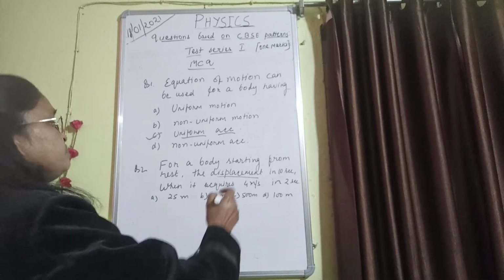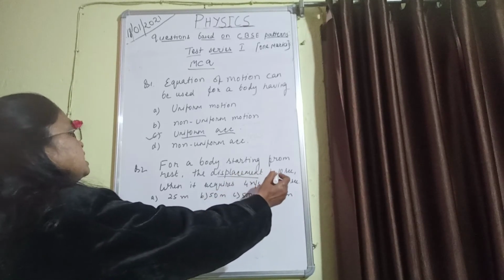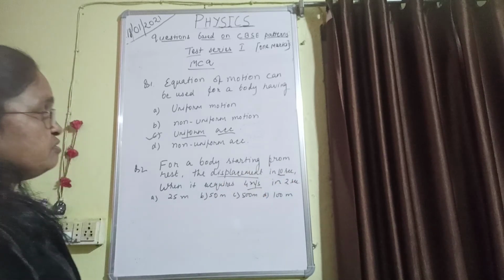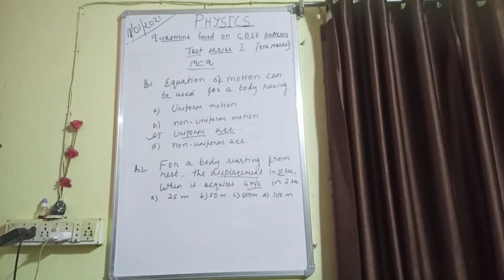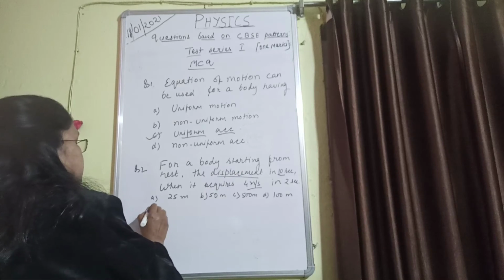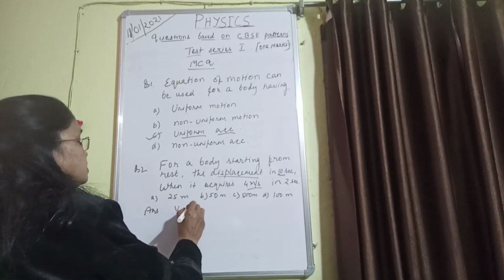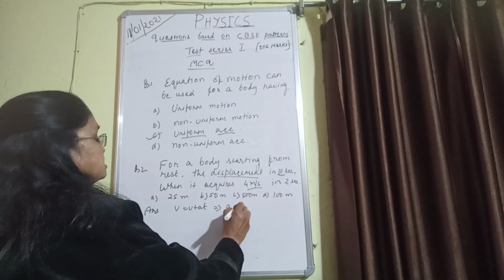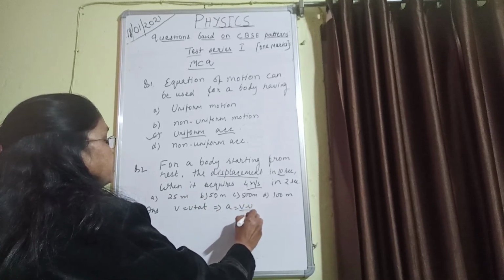So first of all, what is given? Time is given. Speed is also given, 4 meter per second. First of all, we have to get the acceleration. So v is equal to u plus at, and from this we find a is equal to (v minus u) by t.